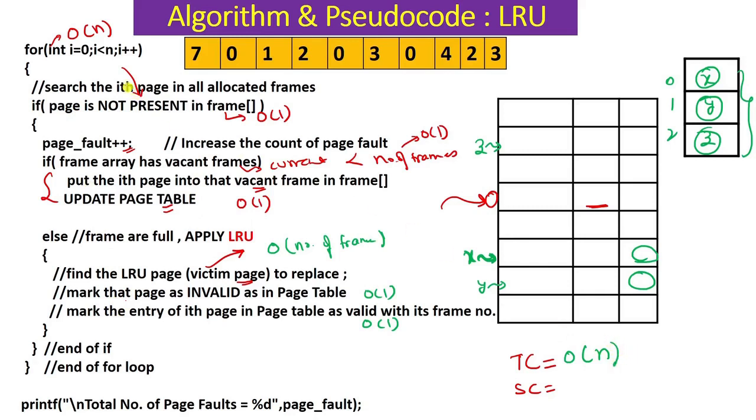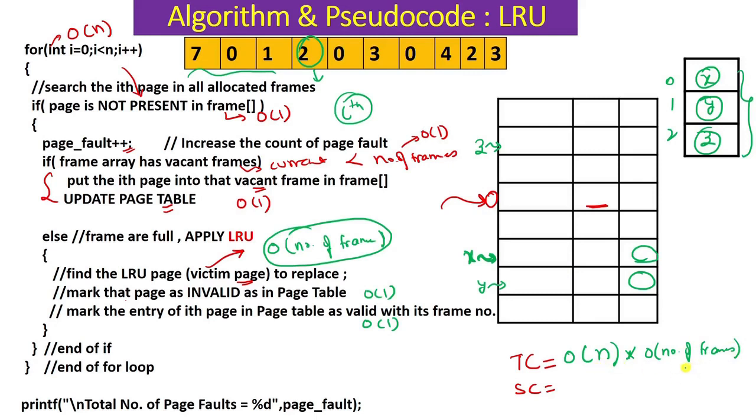So for a particular ith page, let's say you come for this. After this was full, you come for this, and then you were finding the LRU page. For the ith page you are first finding the LRU page. If the frame array is full, then it is O(number of frames).